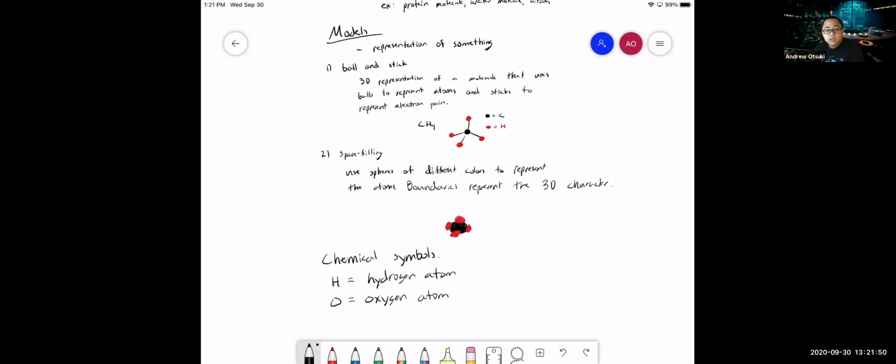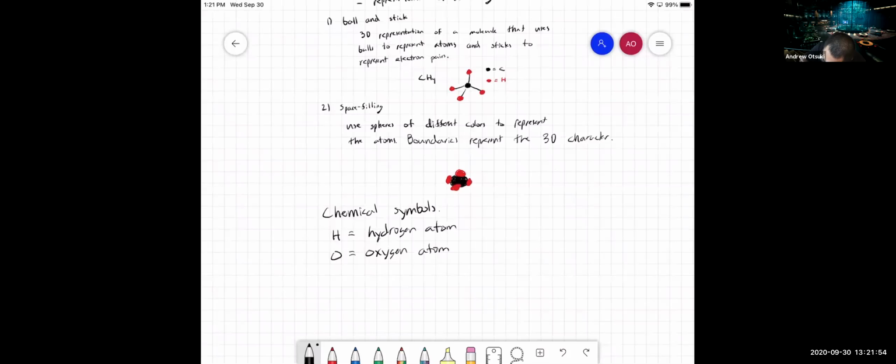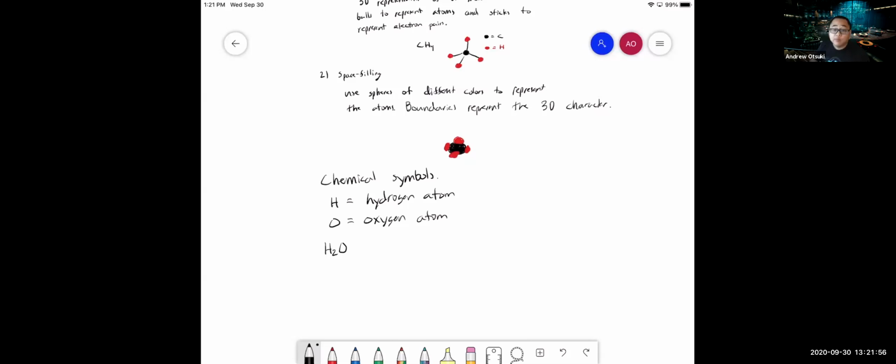So how do we read formulas? For example, we have H2O. How would we read that? Well, we would say it has 2 hydrogen atoms and 1 oxygen atom.